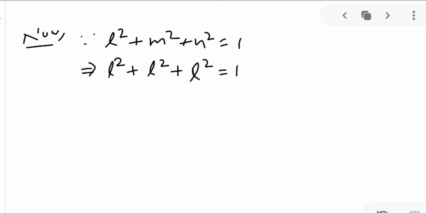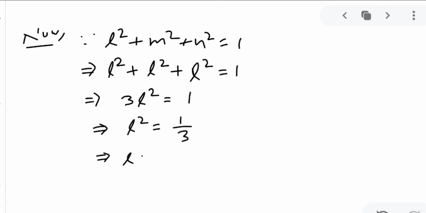So we find that 3L square is equal to 1, or L square is equal to 1 upon 3, or L is equal to plus minus the square root of 1 upon 3, which means plus minus 1 upon root 3.